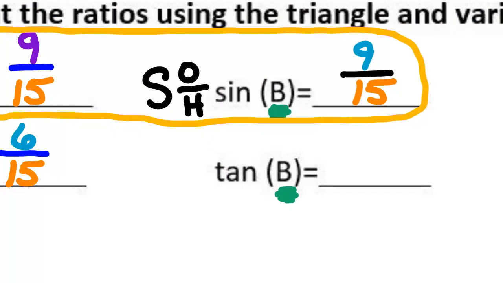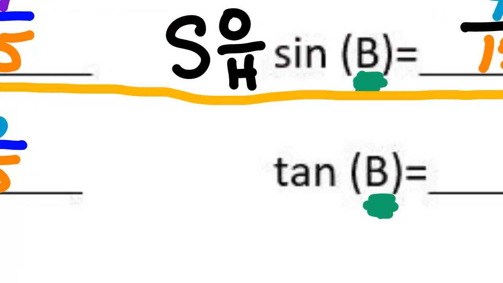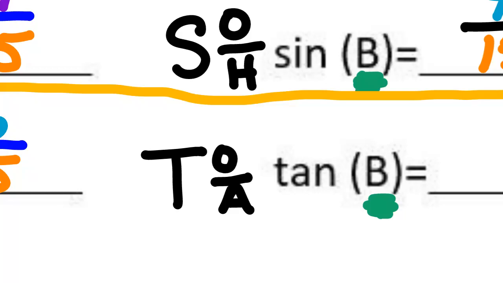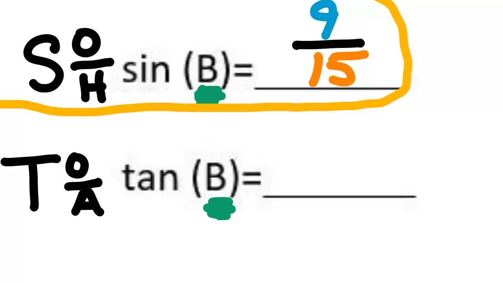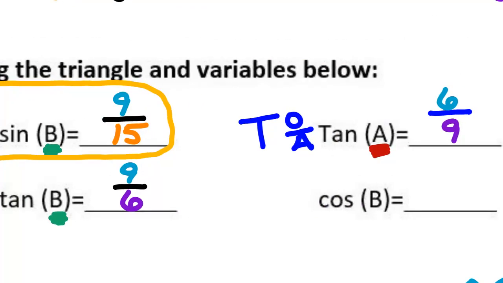All right, let's do tangent next. Tangent of angle B. TOA, tangent is opposite divided by adjacent. How big is our opposite side again? 9. And the adjacent side? 6. Look at this other interesting thing that just happened. The tangent of A was 6 over 9.